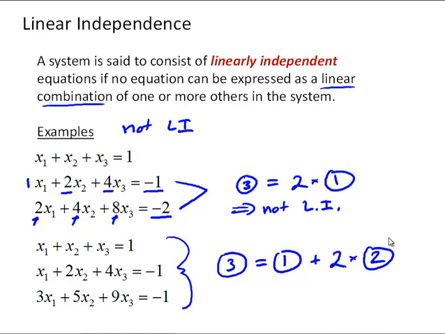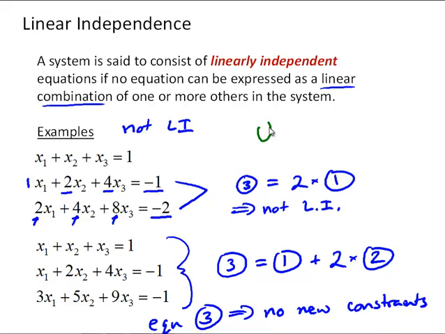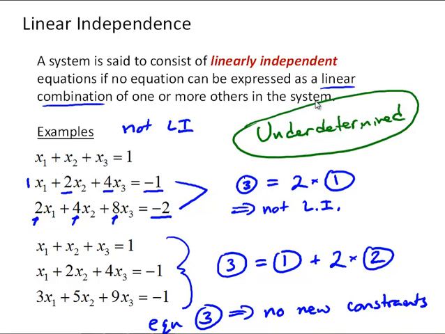And what this means is that that third equation in both of these cases is giving us no new constraints on the system. So in all of these cases, the system is underdetermined. And we'll talk about some ways to figure that out when you can't do it by inspection in the future.